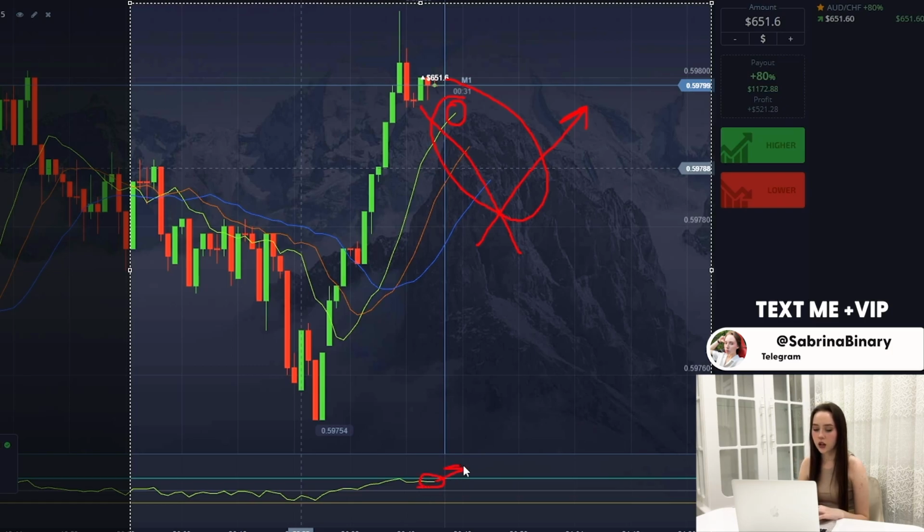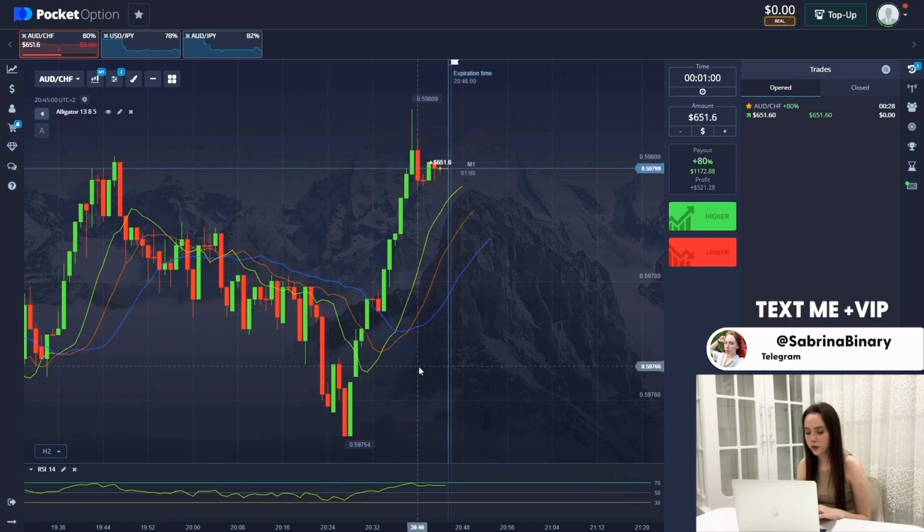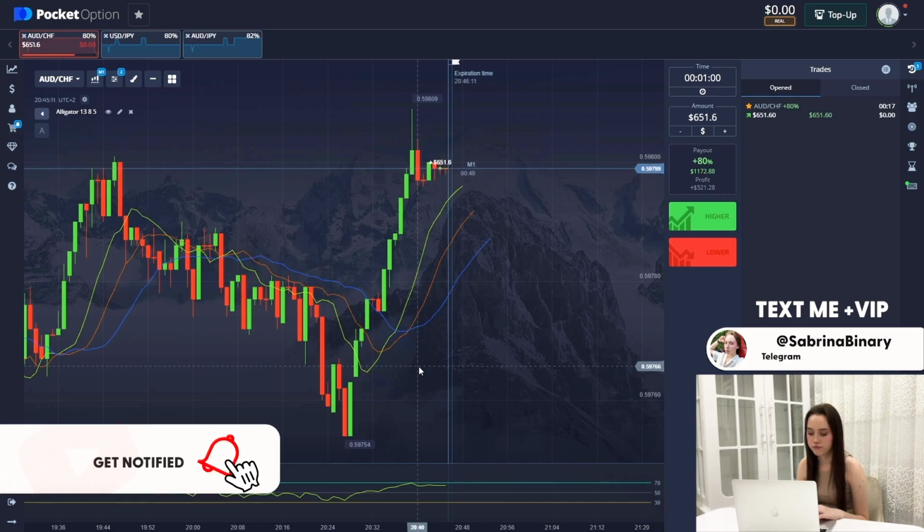So let's take a look at the RSI. Right now it's pointing up and it might even break through the overbought area, and the first candlestick on which we opened the trade hasn't moved at all. And so far our trade has closed at 0.